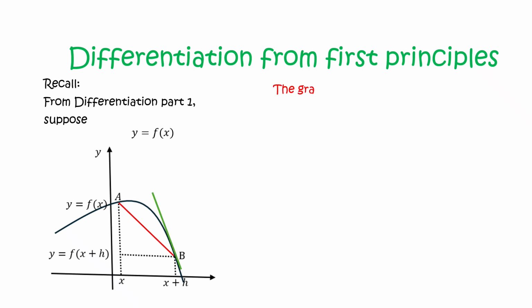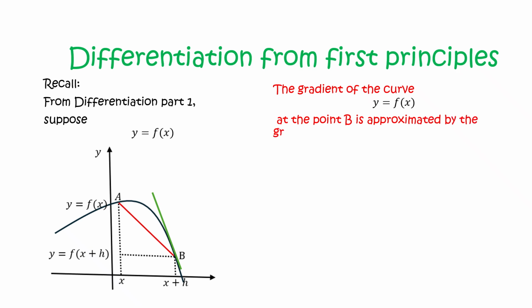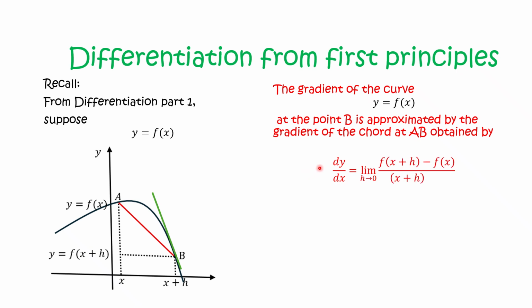Having points A and B, where f of x is the point A and y is equal to f of x plus h is point B, then the gradient of the curve y is equal to f of x at the point B is approximated by the gradient of the chord AB obtained by dy dx is equal to the limit as h approaches 0 of f of x plus h minus f of x over x plus h minus x.